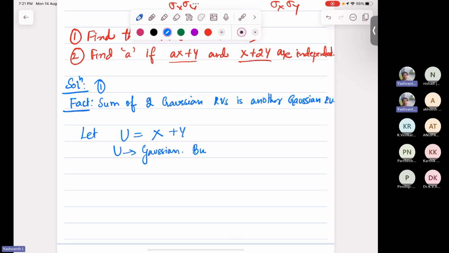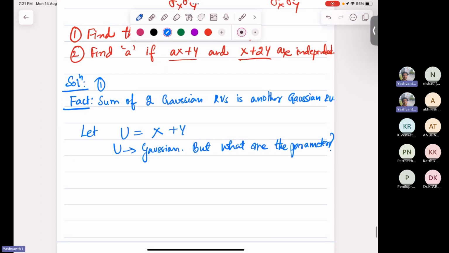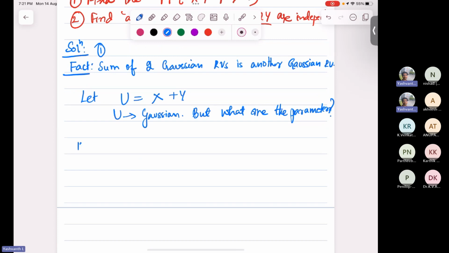But what are the parameters of u? We'll compute that. The parameters are given by the mean and the variance, mu and sigma square. So expectation of u is equal to expectation of x plus y. You can write the same thing as expectation of x plus expectation of y.